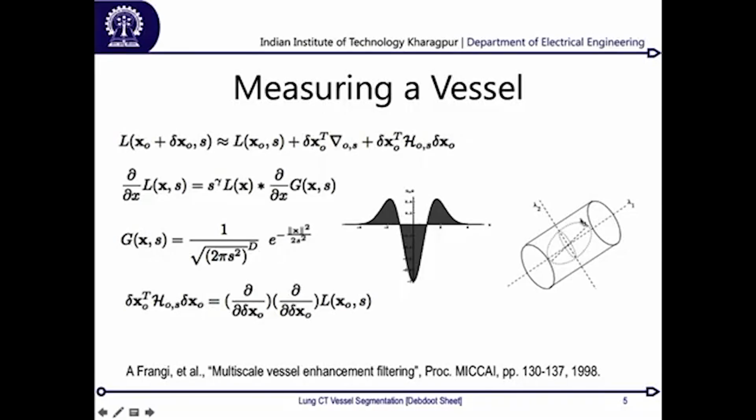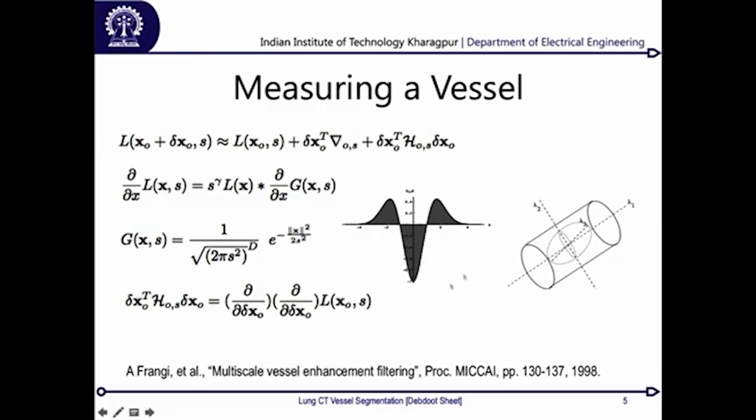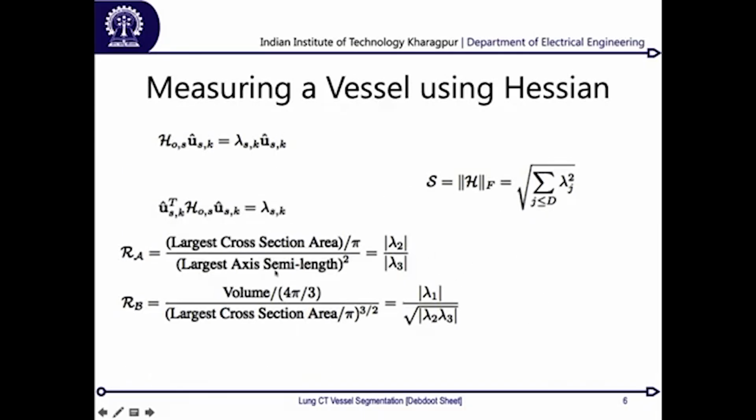Now on this piecewise cylinder, if I take a derivative along the length of this cylinder, then I will get this sort of a pattern for my second order derivative, which is very similar to the actual pattern of a Laplacian of Gaussian. Okay. So this is a concept which we use from here, and then we extend onto that concept.